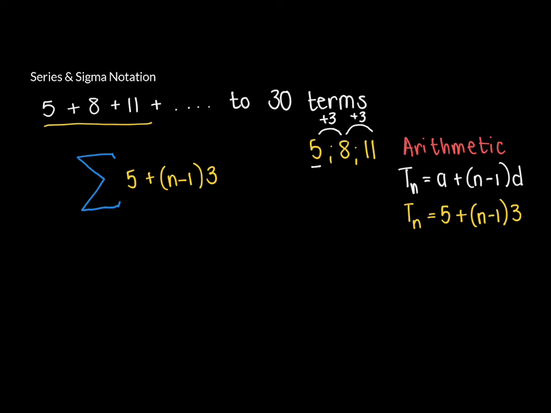And we know that we're going to start from our very first term, n is equal to 1, which is 5, because that's going to be the first part of the sequence. So we're going to have n starting at 1. And at the top of the sigma sign, we're going to write where we're going up until. And we know that we're going all the way to the 30th term. So that's going to be 30 here at the top.